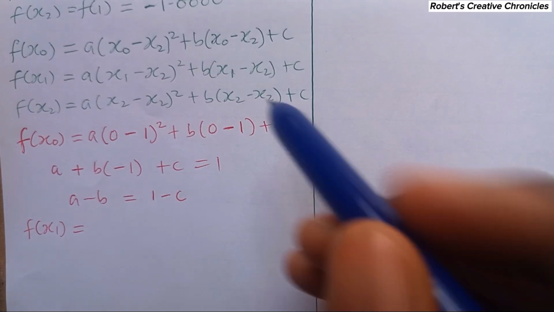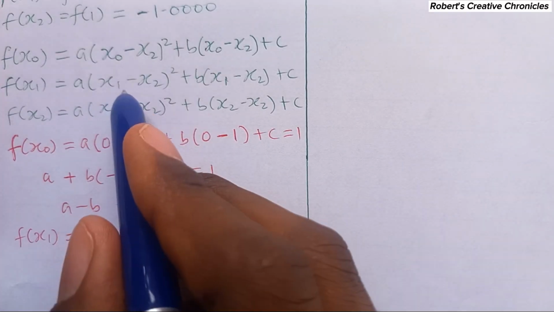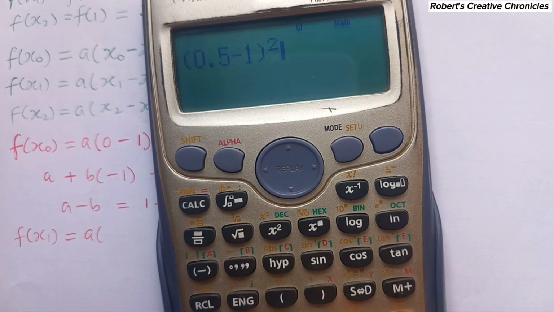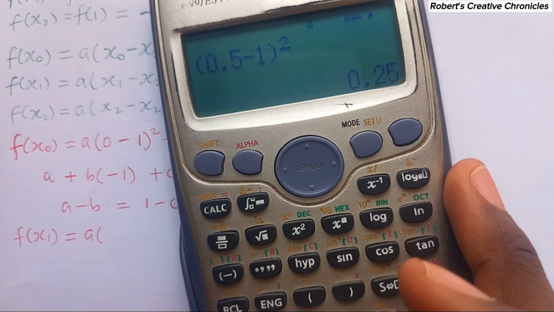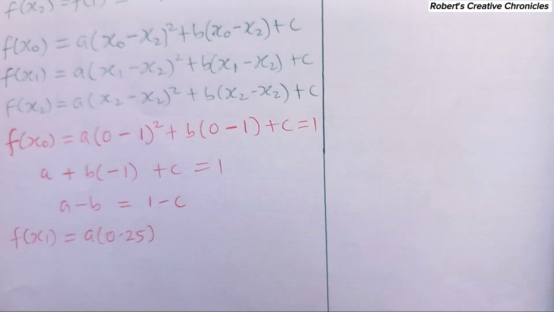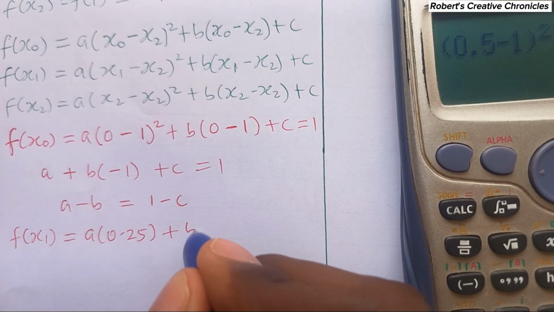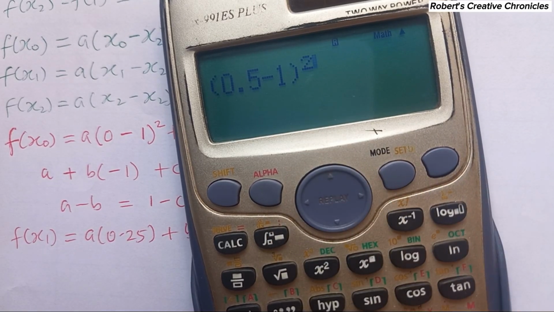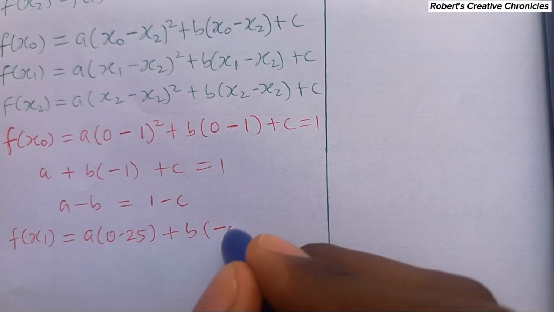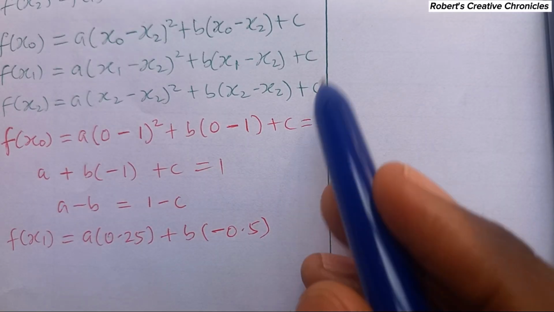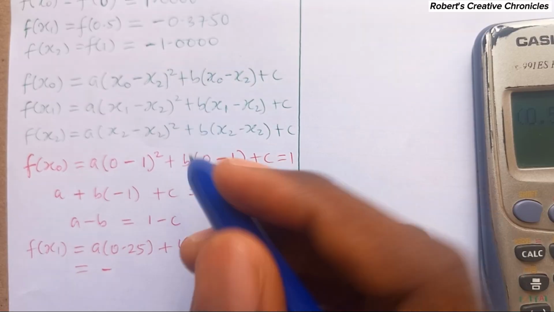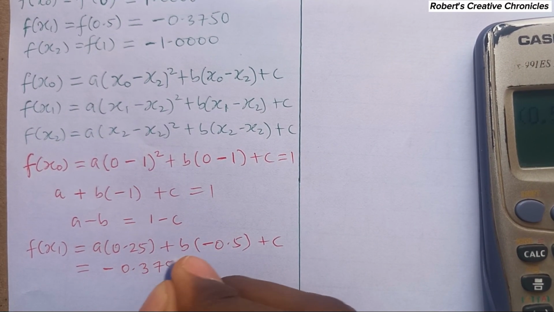So a(0.5 minus 1) squared, which is 0.25, so this was 0.25, plus b, without the square, so it's negative 0.5, plus c. f(x1) is negative 0.3750.